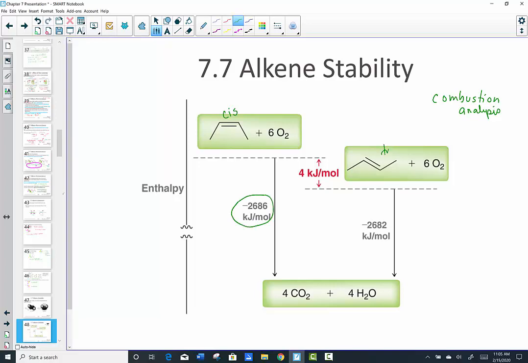But when the trans conformation combusts, it releases 2682 kJs per mole. The difference there is 4 kilojoules per mole. So you can see it's costing the molecule energy to have this steric hindrance in the cis conformation. Of lower energy, more stability in the trans conformation.